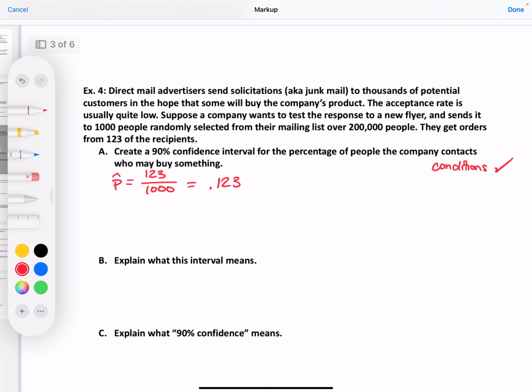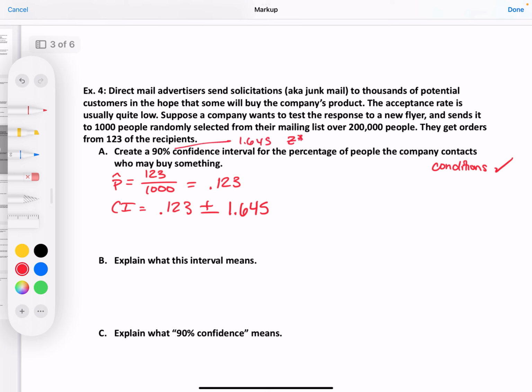So the confidence interval is equal to 0.123 plus or minus, it's a 90% confidence interval, which I don't know if it's necessarily written anywhere, but 1.645 is the z star for 90%. How'd you know that?